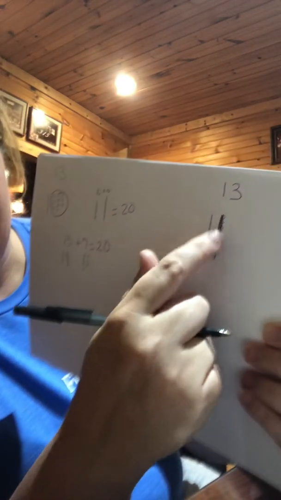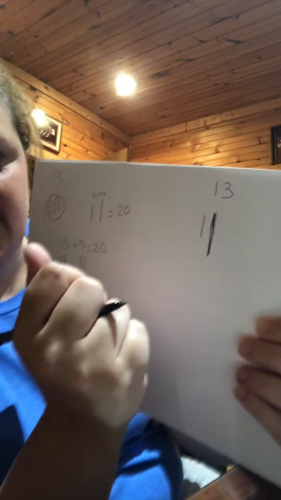I can draw a line through this and say that is 10 now. So I made it a 10. Do you see that? So now I have 2 tens. And then when we write it, we will write 13 plus 7 equals 20.